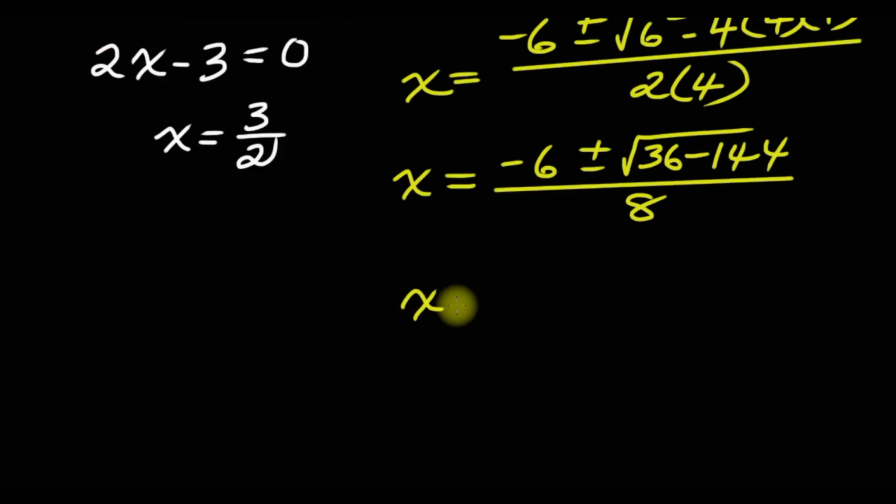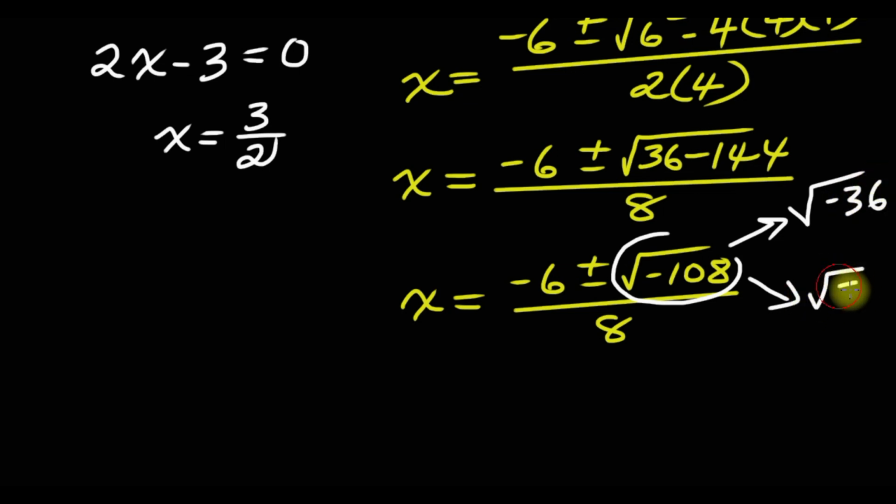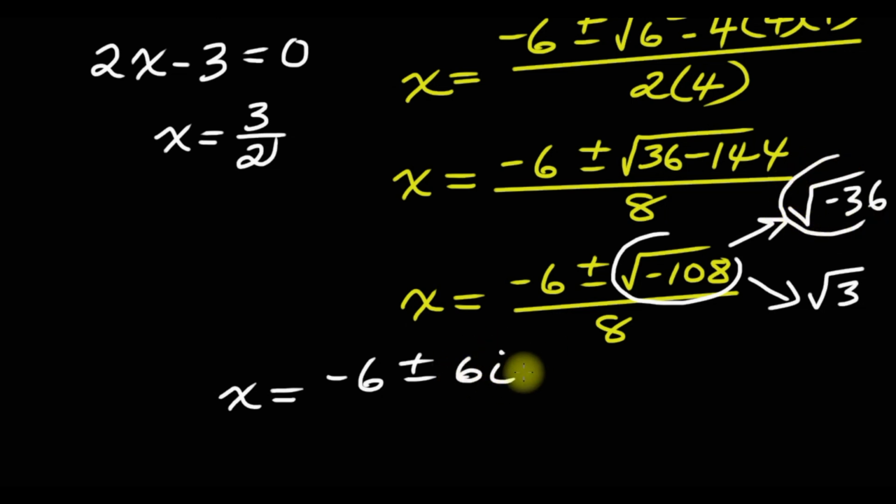Okay, so continue here. We have x is negative 6 plus or minus the square root of negative 108, all over 8. Now you have to simplify the square root of 108. So we're going to break this up into the square root of negative 36, and then here's the square root of 3. X is negative 6 plus or minus, so here is going to give you 6i times the square root of 3, and then that whole thing over 8.